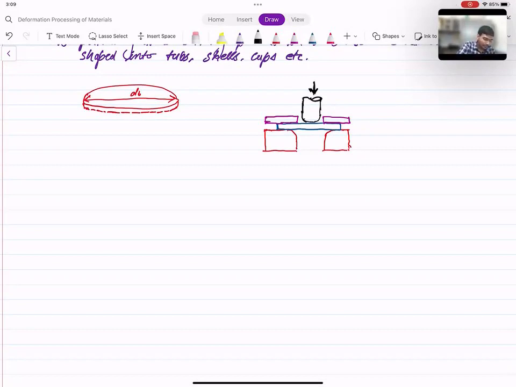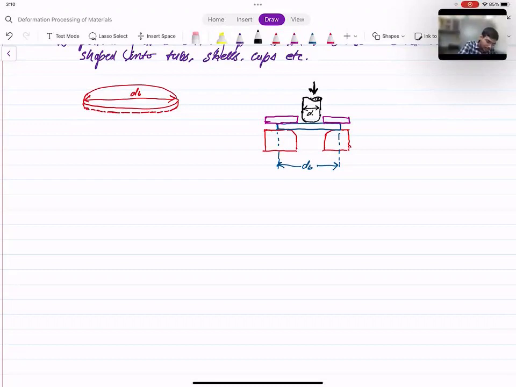Okay, so we saw that this was the diameter of our blank, and the punch diameter is also of very prime importance. Okay, so say this is the diameter of our punch.